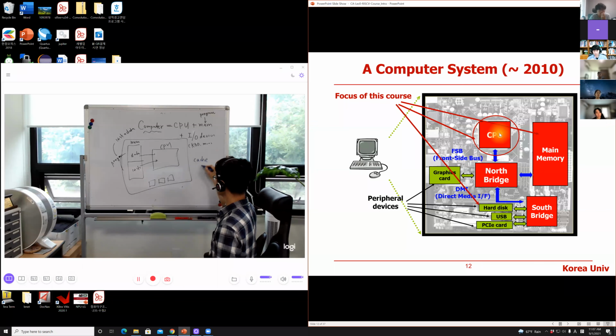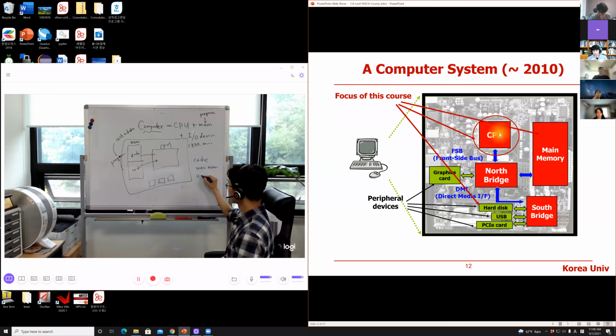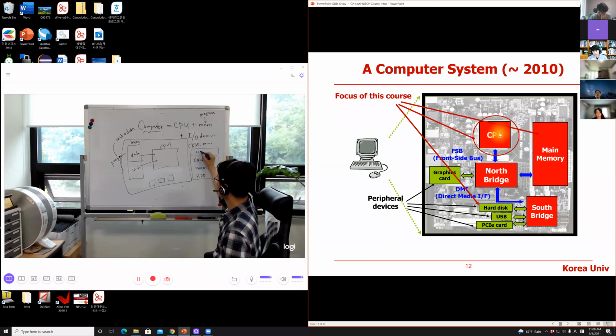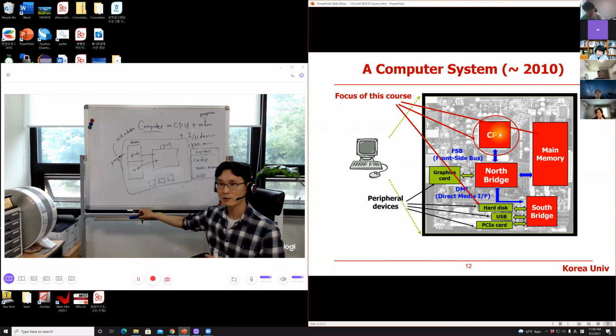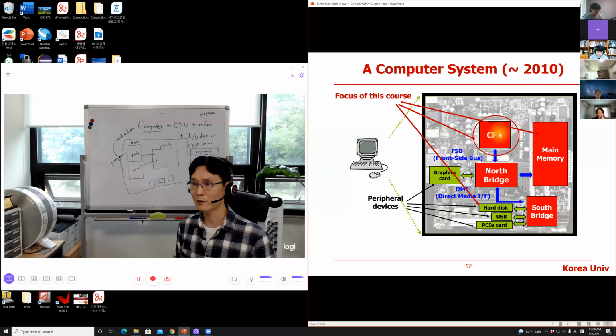So cache, main memory, and hard disk, those are memory components. Also registers inside the CPU. Those are memory components inside the computer. We call it the memory hierarchy.